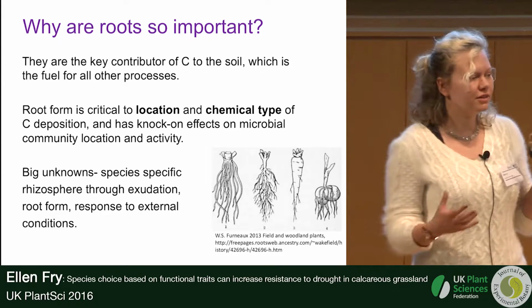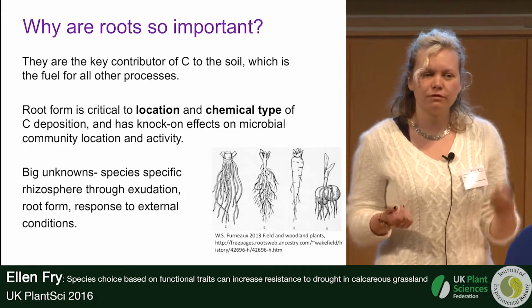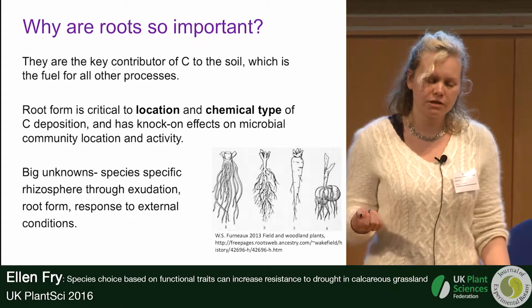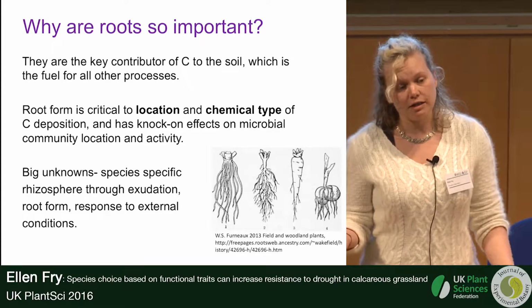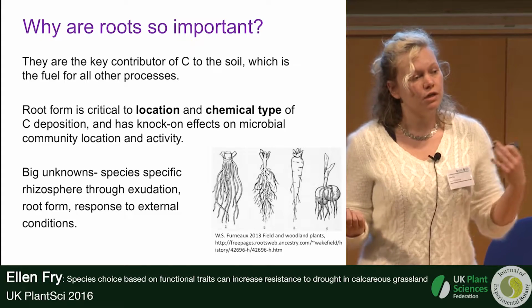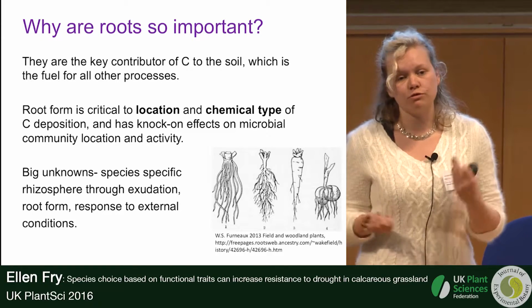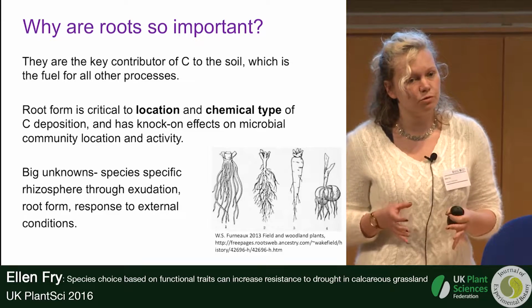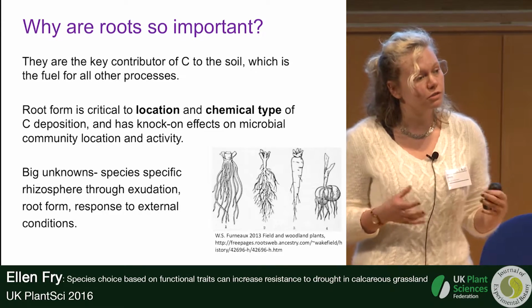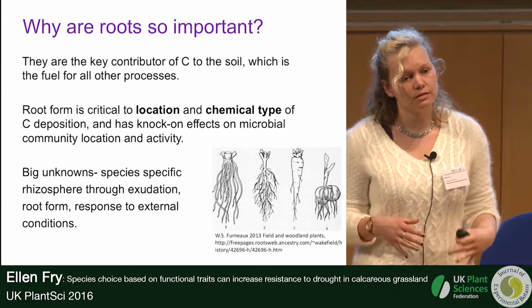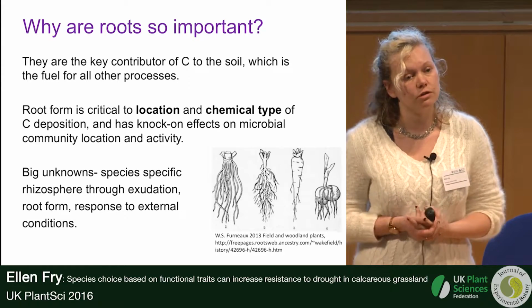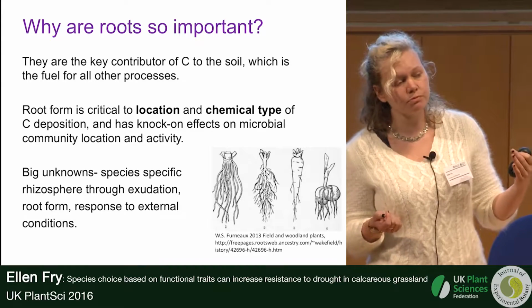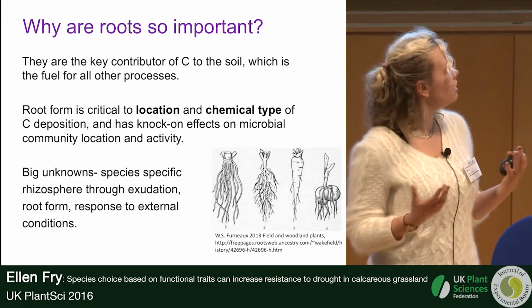And very simple hypotheses here. If you're putting carbon very deeply into the soil, then it's likely that it's less available for microbial activity because it's more anoxic. It might be slightly more waterlogged, and so on. So it might be more stable and less prone to metabolism by microbes if you put it deeper into the soil.